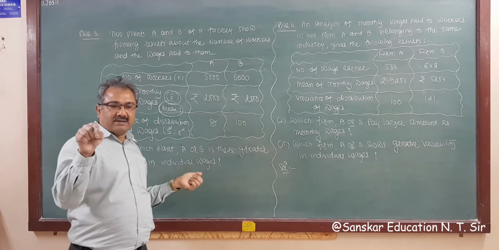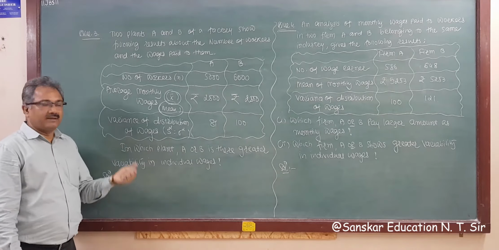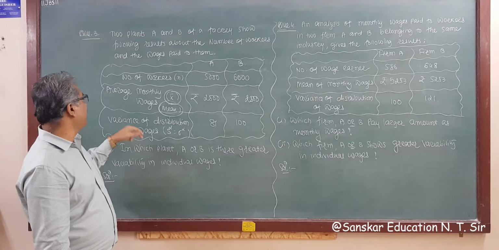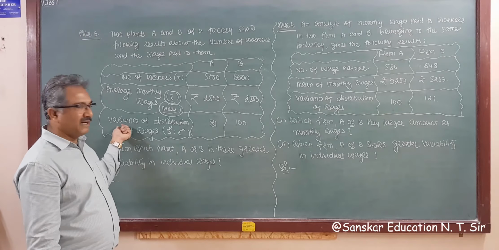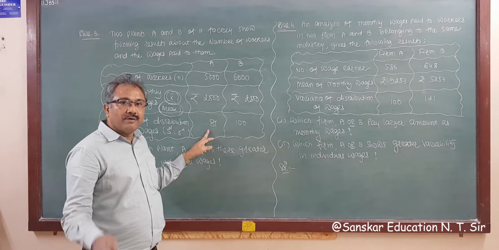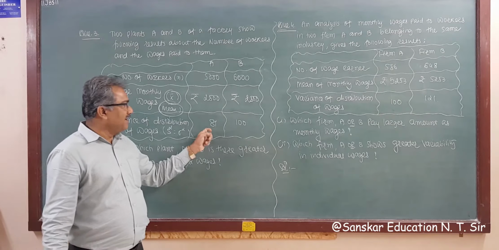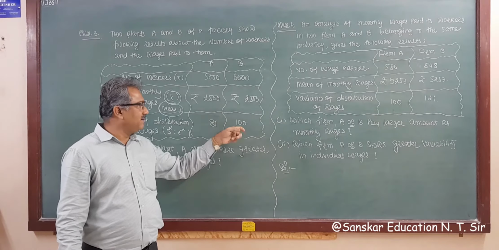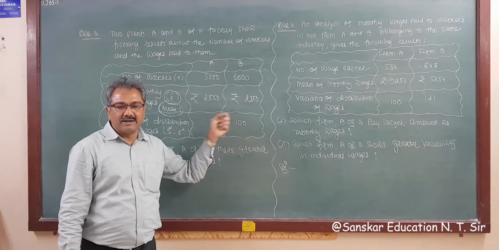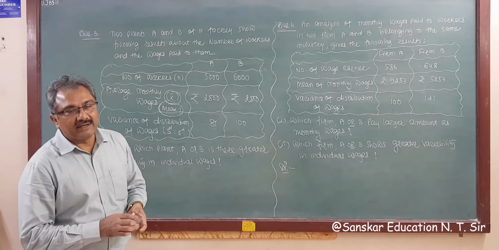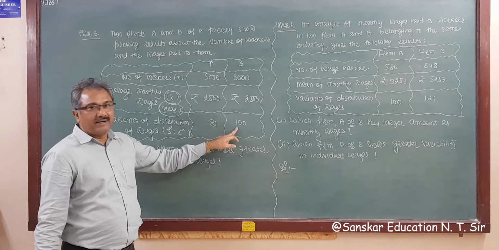So the plant with the greater value of variance is more variable. Here it is 81 in plant A, and in plant B it's 100. So the greater value of variance is 100.